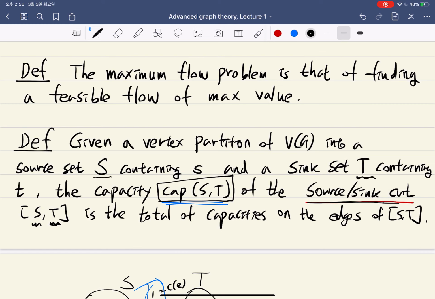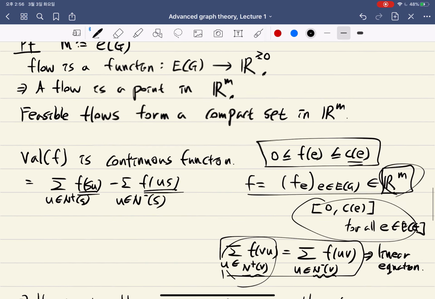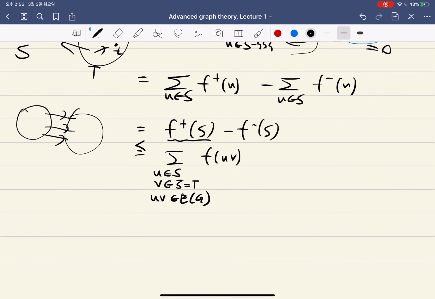So S and T are a partition of the vertex set of G.